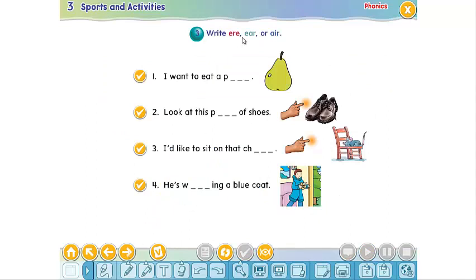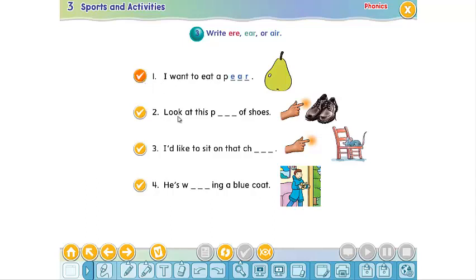Here write ERE, EAR, or AIR. I want to eat a pear. Okay, pear. What are the missing letters? Yes, pear, EAR.